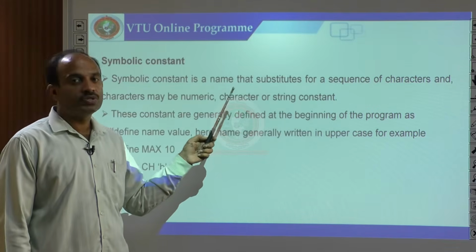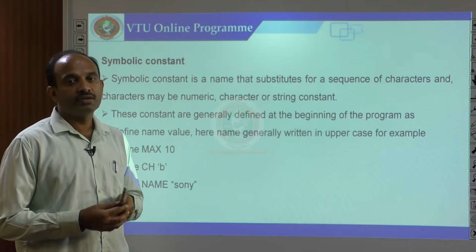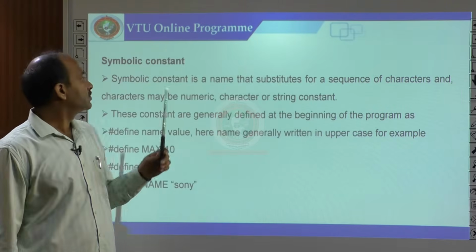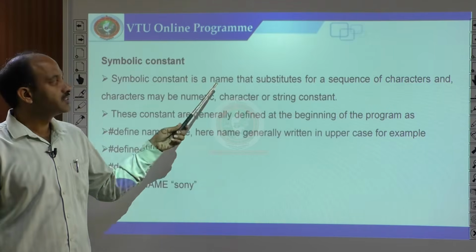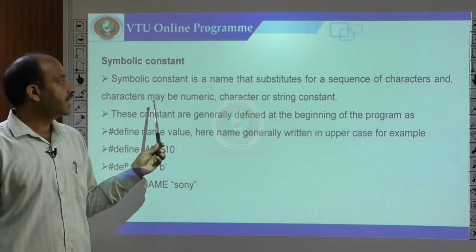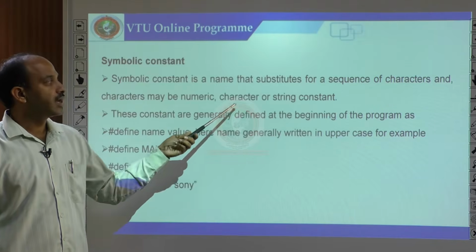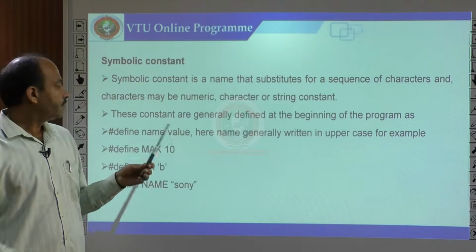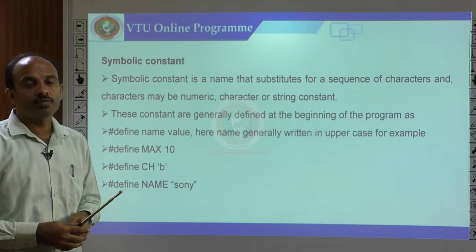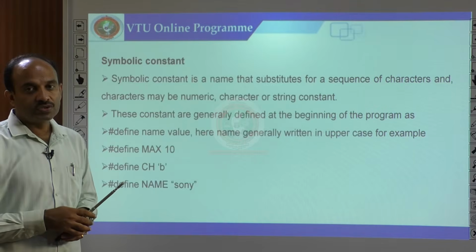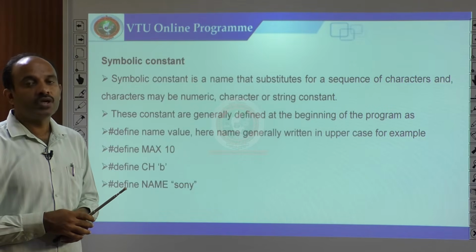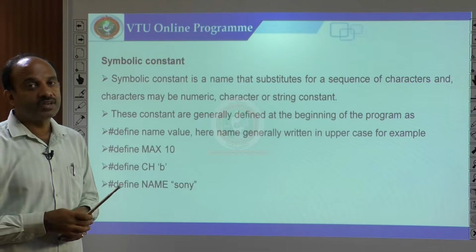Whenever you use it, the sequence of characters will be substituted. A symbolic constant is a name that substitutes for a sequence of characters, and the characters may be numeric characters or a string constant. These constants are generally defined at the beginning of the program, in the header section, along with #include stdio.h.